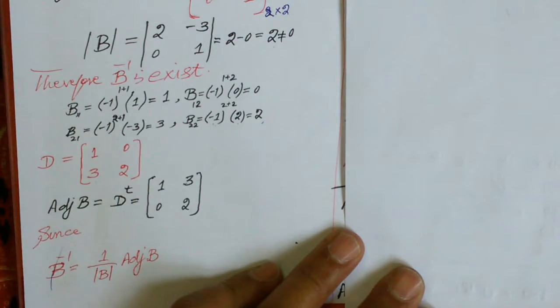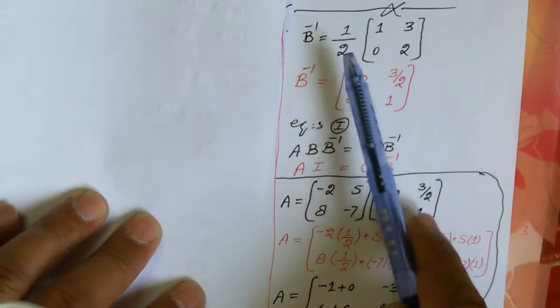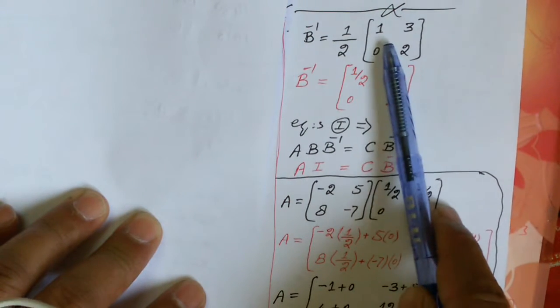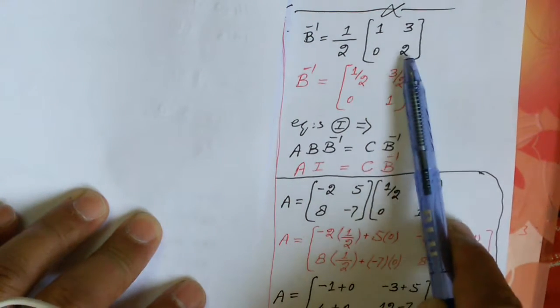Substituting these values, B inverse is equal to 1 over 2 times the matrix 1, 3, 0, 2.